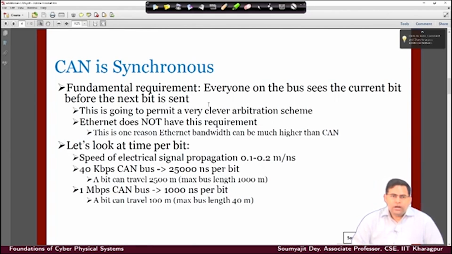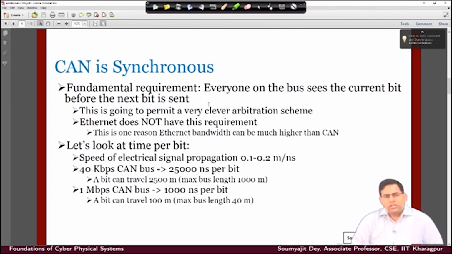Now let us look at the time per bit discussion we had. We said there is a relation between how much speed I can have and the length of the CAN bus. Typically the speed of electrical signal propagation is 0.1 to 0.2 meters per nanosecond. If I have a 40 kilobits per second CAN bus, that means you are sending 40 into 1024 bits per second, right?